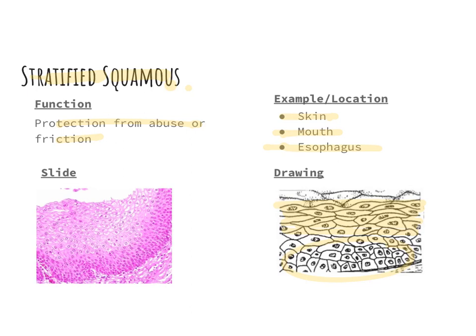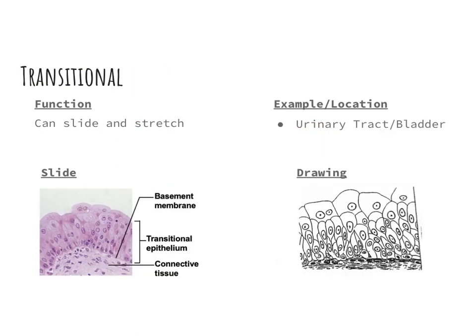So it's great that it's made of stratified squamous to take that abuse and protect us from it. If you look at the image, you can see all of those layers of the squamous shaped cells. And you can also really nicely see that basement membrane too that I'm kind of highlighting in green. So you can see that as well.